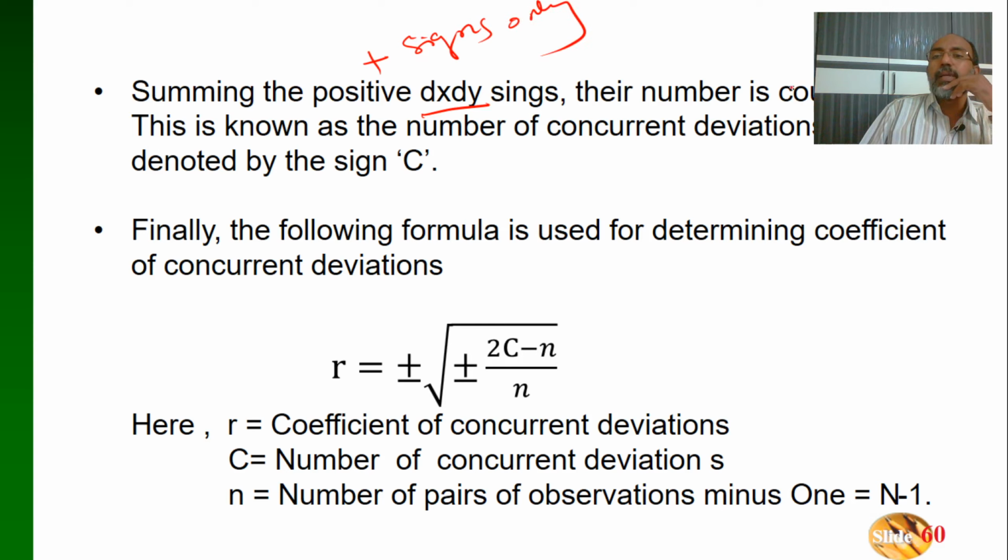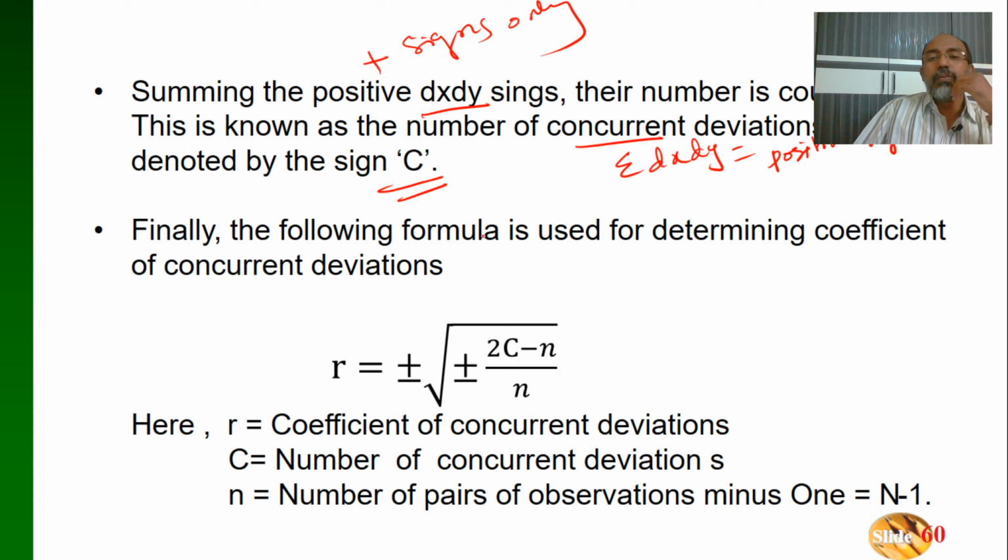Their number is counted. It is called C, the number of positive signs, denoted as the concurrent deviations.